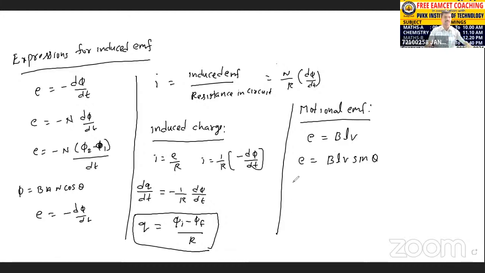In vector form, E is equal to B dot (L cross V), which is equal to L into (V cross B). This is motional EMF.